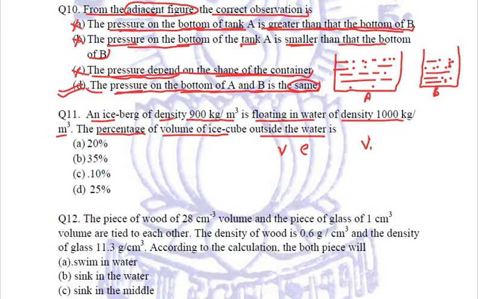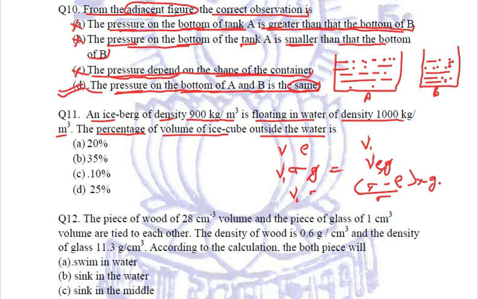Then in that case, we can relate that the volume inside multiplied by nu and g will be equal to V into rho into g. So from here g will be cancelled out. So we can relate that V1 is equal to V into rho upon nu, taking it common.